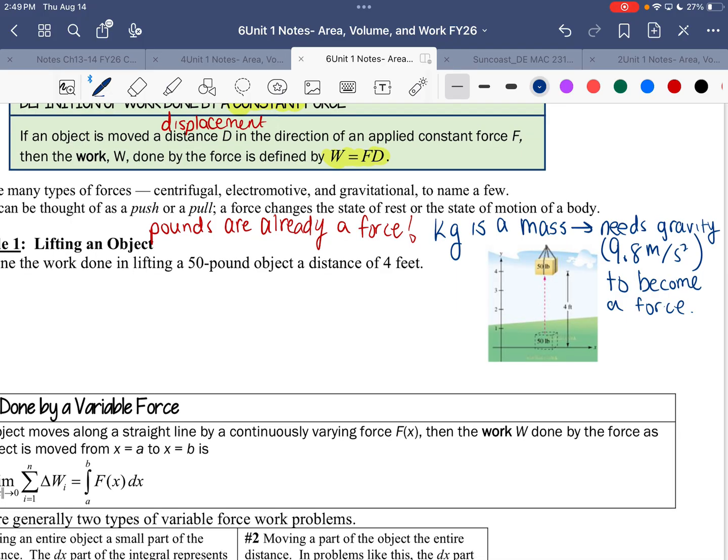Let's do mass times gravity. The mass's units are kilograms, and gravity's units are meters per second squared. When you have kilograms times meters per second squared, you get newtons.